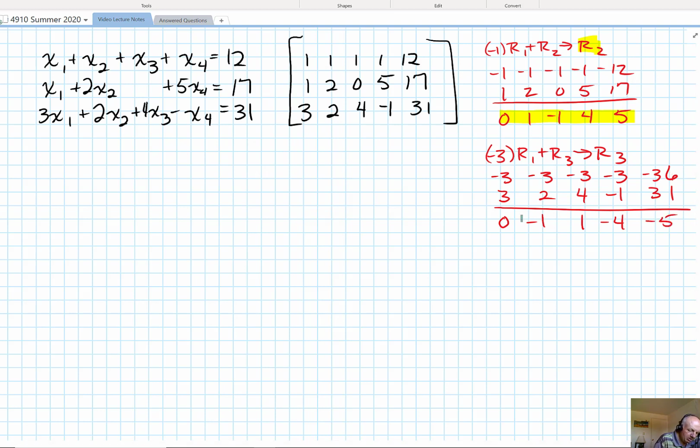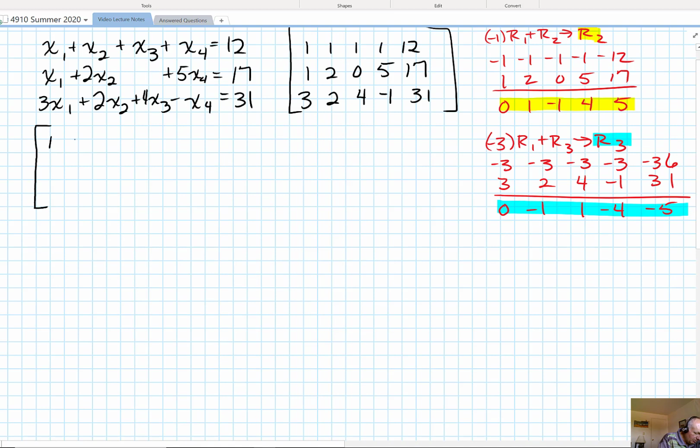That will become our new row 3. And at this point we do need to write down an equivalent matrix. So 1, 1, 1, 1, 12. New row 2, 0, 1, -1, 4, and 5. And new row 3.